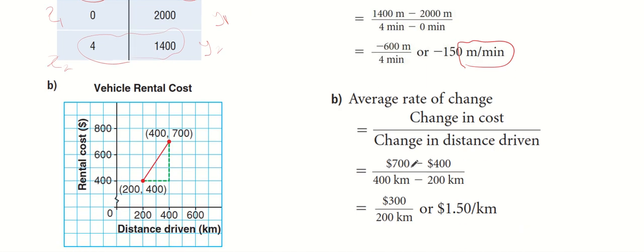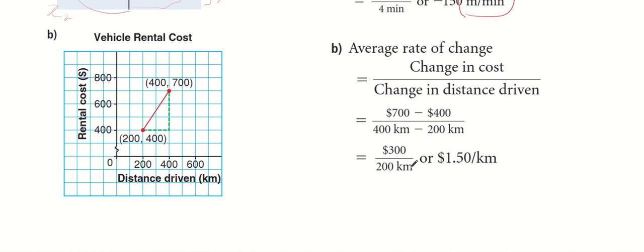Okay, so that's the first one. Here is another example, for the rental of a vehicle, the rental cost. And again, this is your first point and this is your second point. And I'm going to write that on here. This is point 2 and this is point 1.